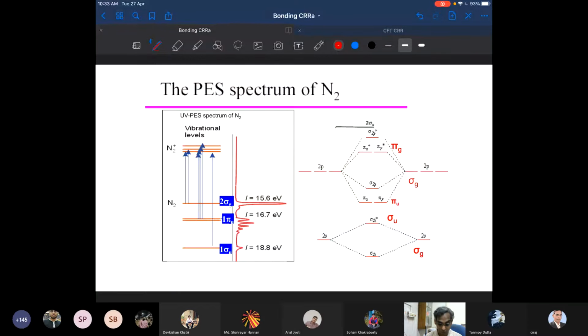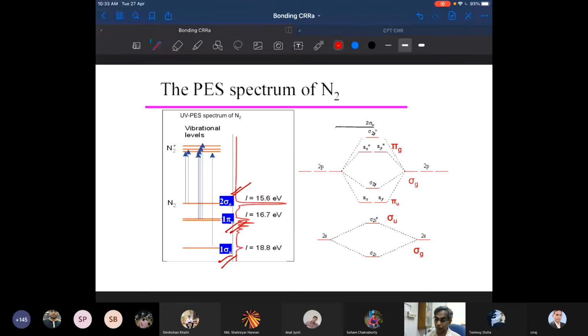Right, now I quickly show here. Right now, I have taken nitrogen. You will be able to see here your sigma u, pi u, and sigma g orbitals corresponding to the electrons in the nitrogen MO. Right. So now no one can deny that there is no antibonding MO, that it's an assumption.